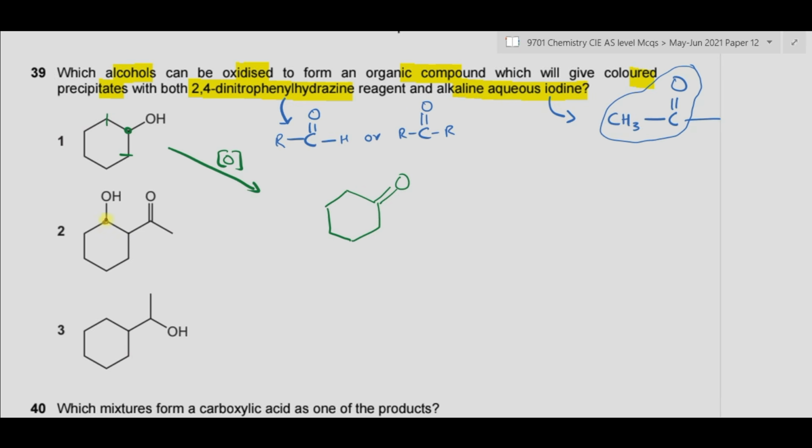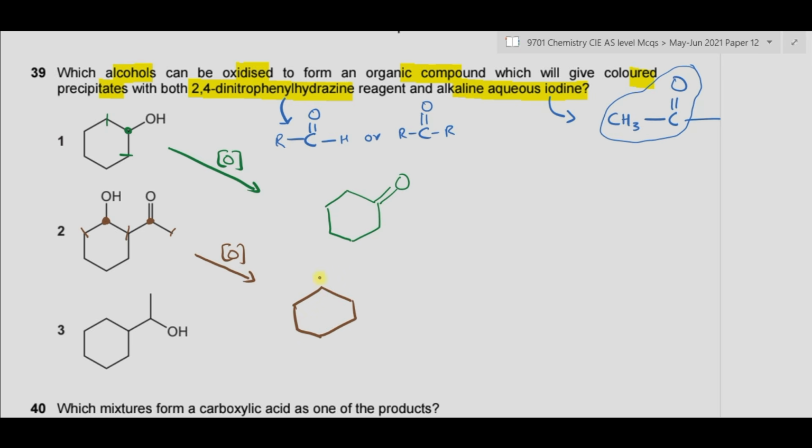In the second part, we have a secondary alcohol, because this carbon is directly attached to 2 other carbon atoms. We also have a ketone, as this carbon is attached to 2 alkyl groups. So upon oxidation, the ketone is not affected. Secondary alcohol will convert into ketone.